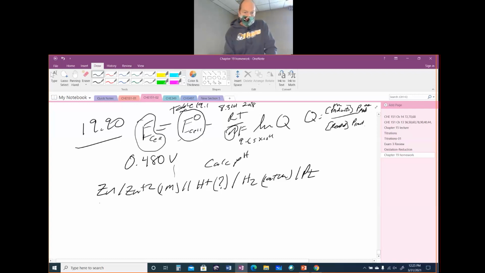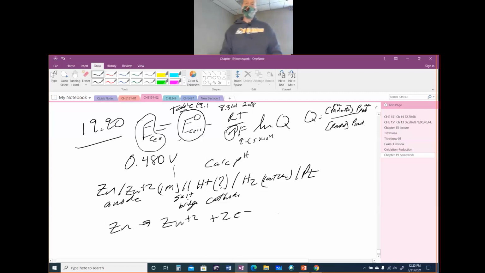All right, so we have to write our cell reaction. And so this is always anode, then you got your salt bridge and cathode. That is how you always write a cell notation. And so the anode is oxidation. Zinc goes to zinc 2+ plus 2 electrons.